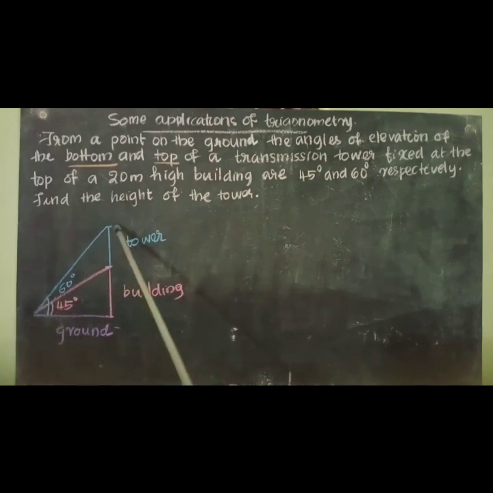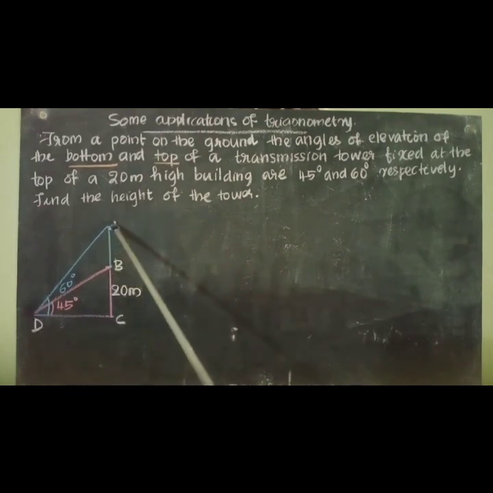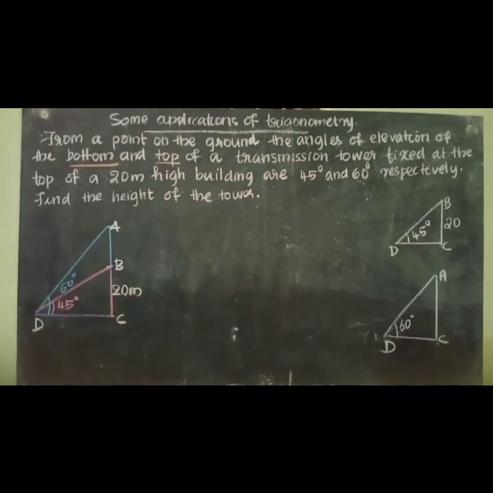Now let us give a name for each point. So I marked here A, B, C, D. This BC is the building. It has height 20 meter. Now let us draw the right triangles separately. First right triangle is triangle BCD with acute angle 45 degree.